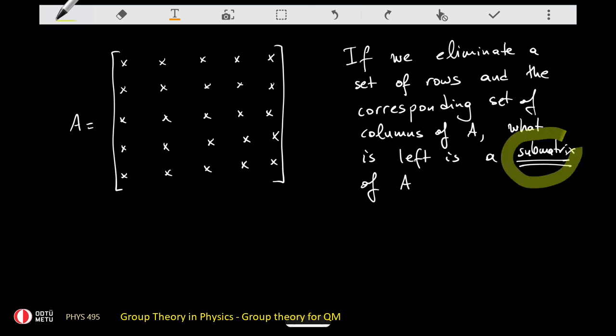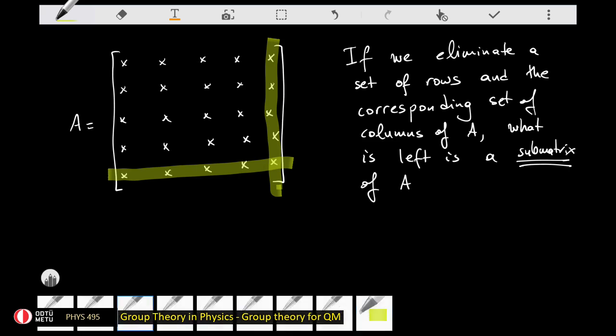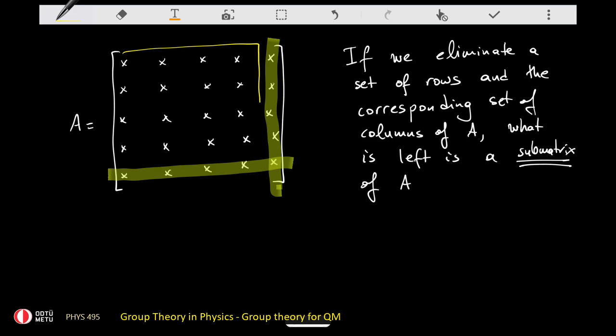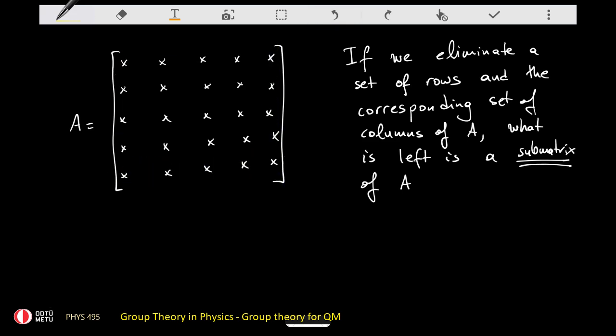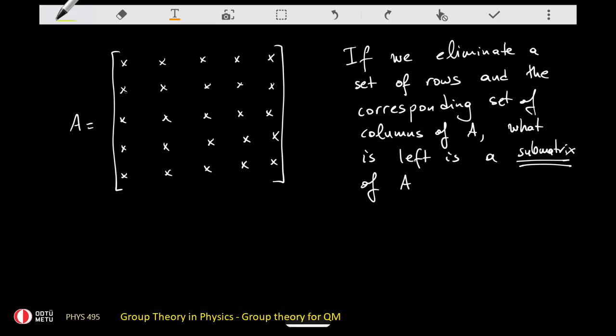So what's a submatrix? A submatrix is essentially obtained from a matrix by dropping some of the rows and the corresponding columns. So as a result, we always get a square matrix. So for example, if I eliminate the last row in here, and therefore I also eliminate the last column, what is left in here, that block, is going to be the 4x4 submatrix of A. So the crucial thing in here is, of course, you eliminate the corresponding rows and columns.